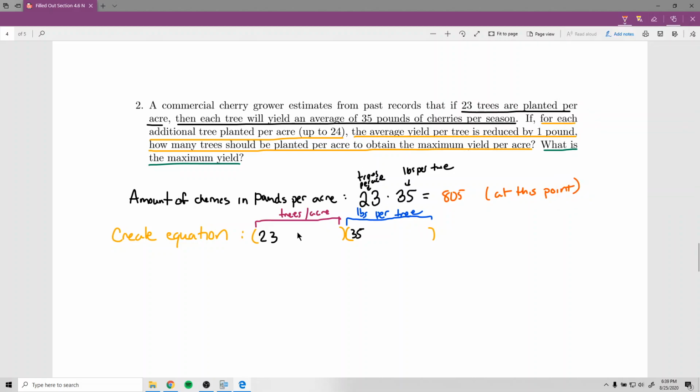Okay. Right, so if we do absolutely nothing to it, we would add 0 and subtract 0, because what the problem says is if we add a tree, then the average yield per tree is reduced. So let's just put a plus and minus in there.